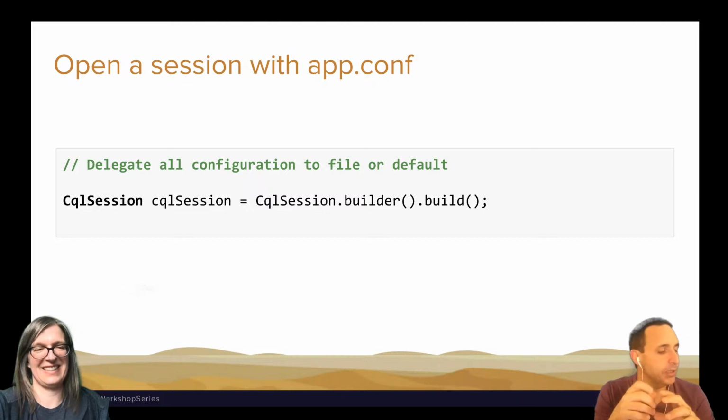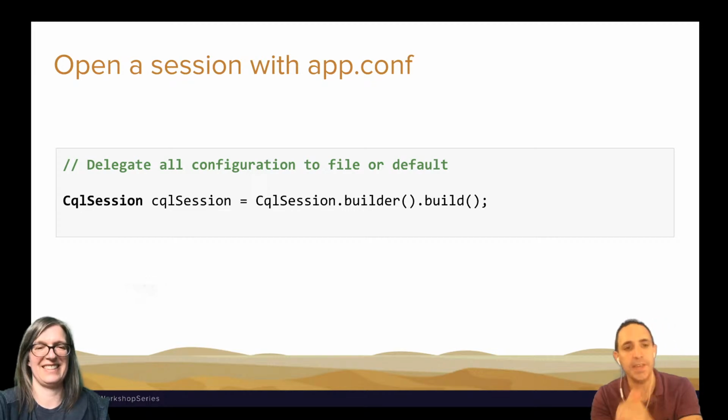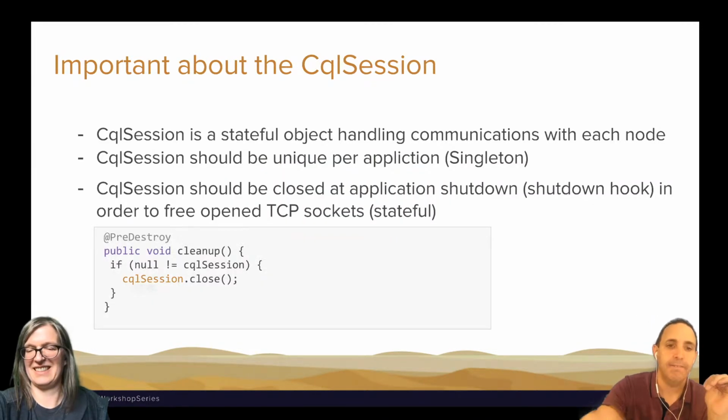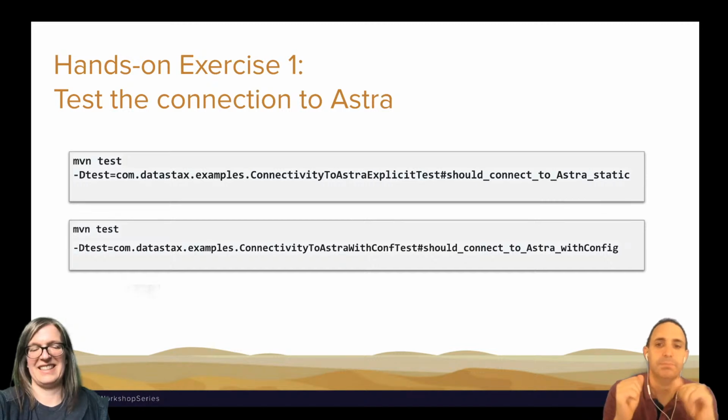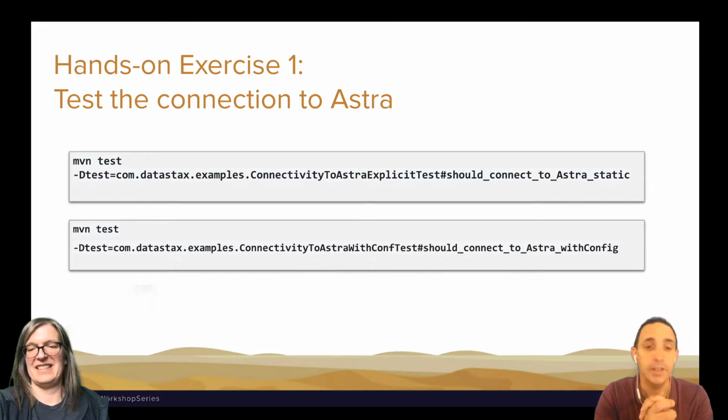And I think now we do have all the pieces to do the first exercise, connecting to Astra using this CqlSession object, correct? Yeah. And I will say a word about CqlSession after this. Okay. So the application.yaml, I believe, is for the logback, actually, or perhaps for the Swagger.